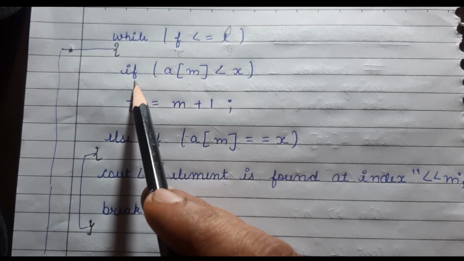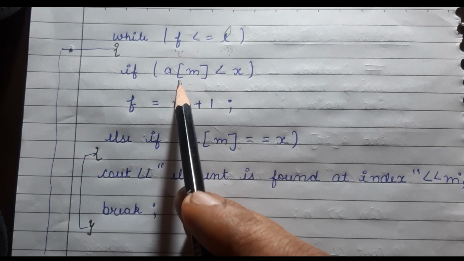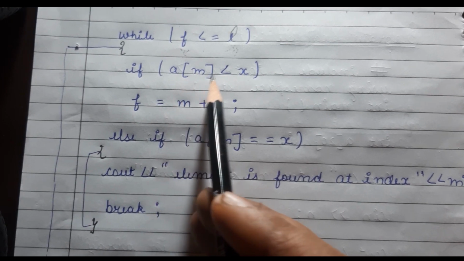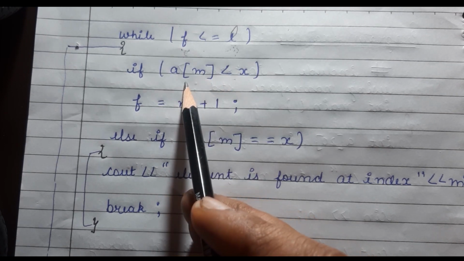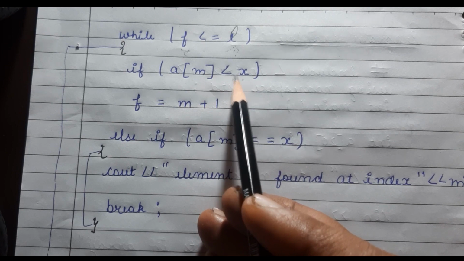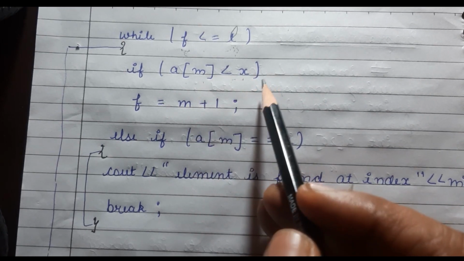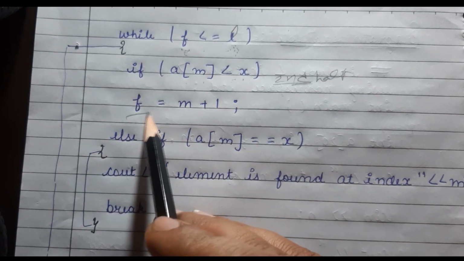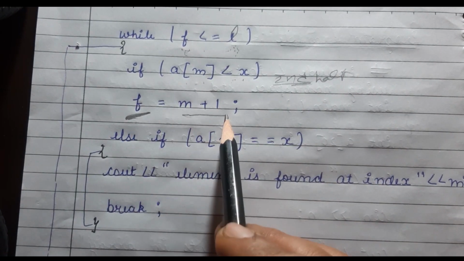Okay, now we compare. If a of m is less than x, if your middle element is less than the searching element, if your searching element is greater than the middle element, it means your element is in the second half. If your element is in the second half, then we update the value of f as m plus 1.